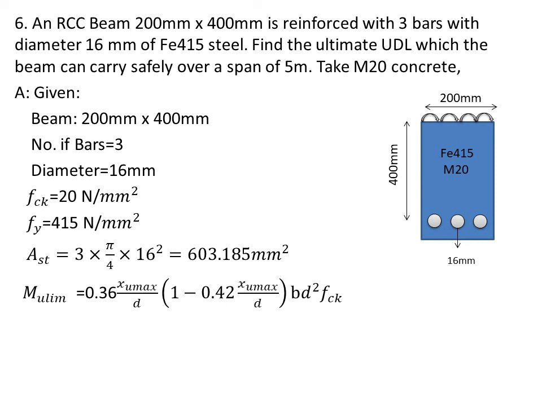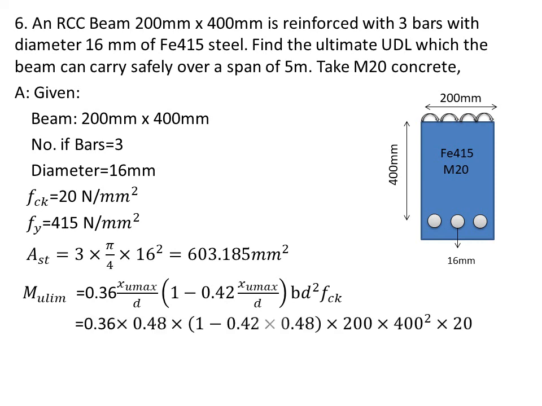Mu limit's value is equal to 0.36 Xu max by d into 1 minus 0.42 Xu max by d into bd square fck. We multiply it and we get the value 88296652.8 or 88.29 into 10 raised to 6 Newton mm. Okay, we found the Mu limit here.